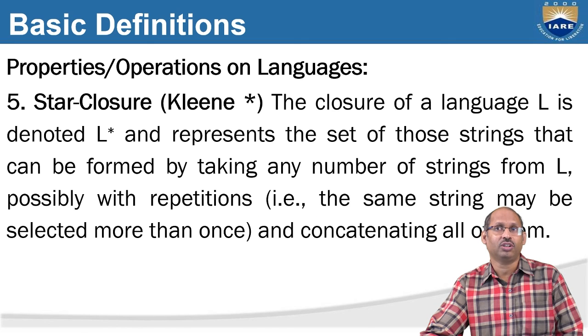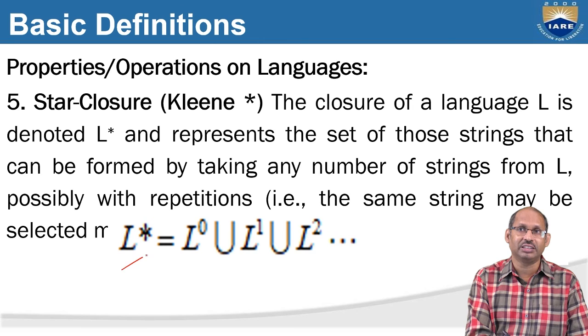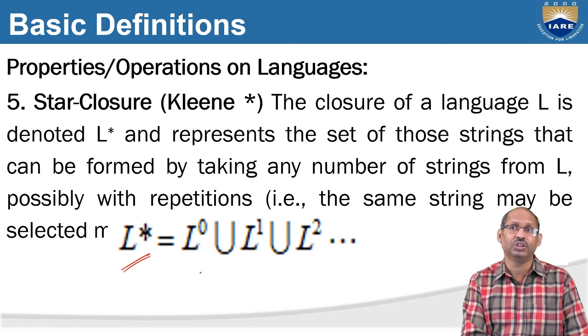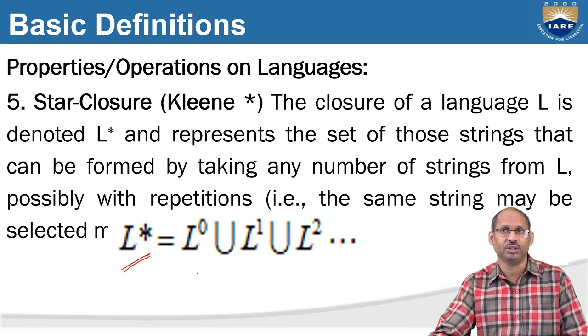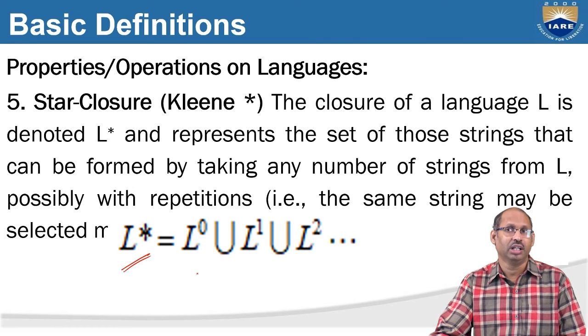Then star closure of a language. L star is the union of L power 0, L power 1, L power 2 and so on. L power 0 means the empty string epsilon. L power 1 means the given language.